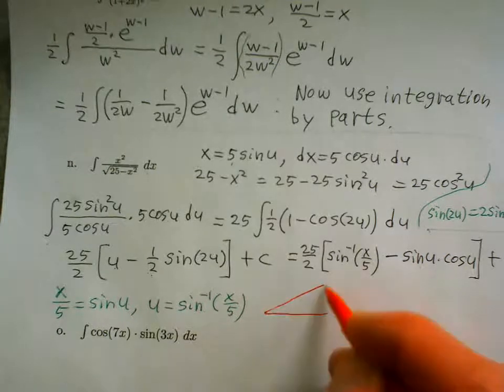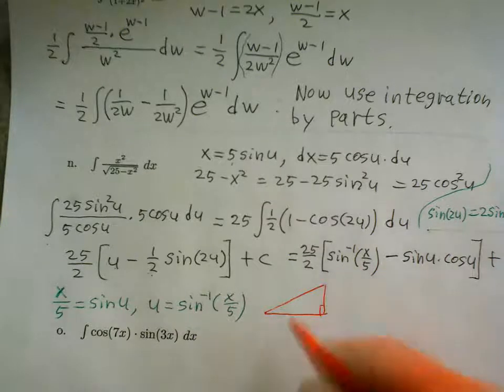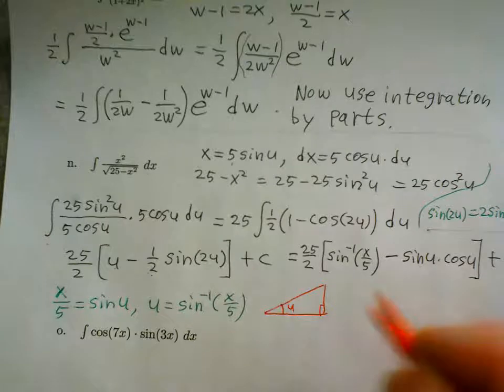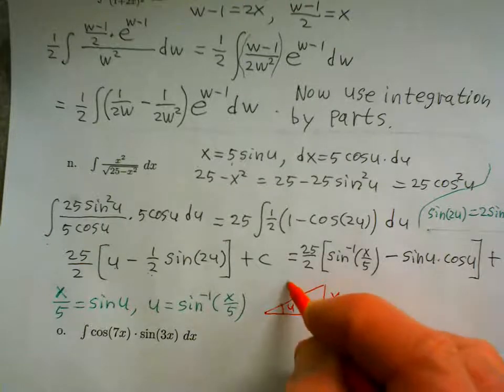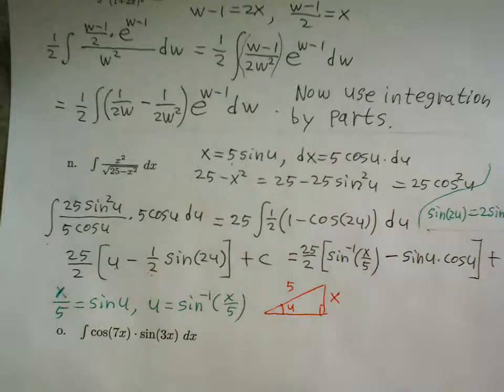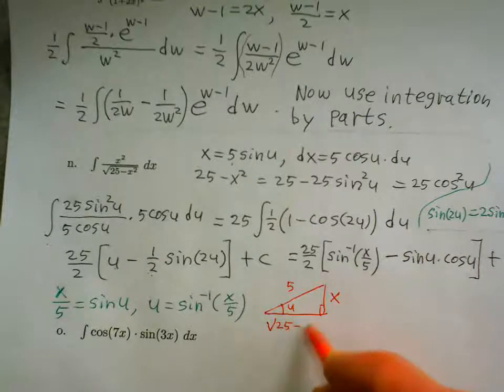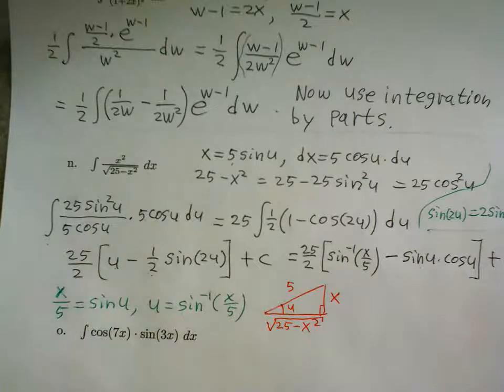That was convenient. And then cosine of u, well, let's use a right triangle to help us. So if this angle is u and sine of u is x over 5, then the adjacent side is the square root of 25 minus x squared. And so cosine of u will be the square root of 25 minus x squared over 5.